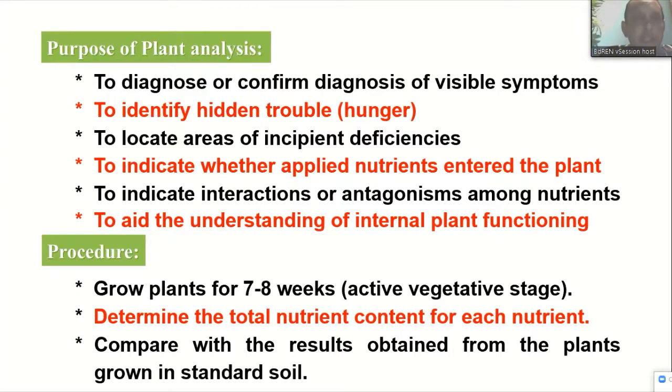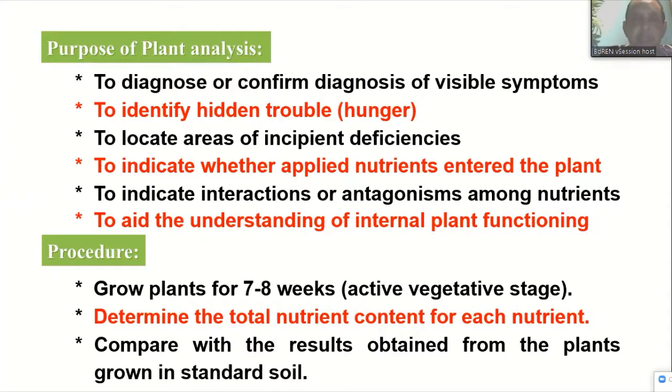To look at areas of incipient deficiencies, to identify the deficient areas, and to indicate whether applied nutrients entered the plant.